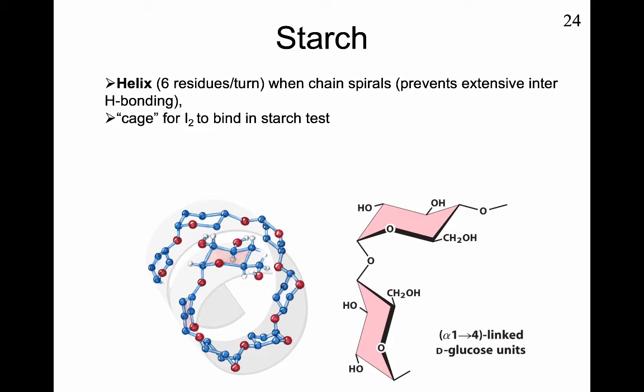What's interesting about the helix is that it actually forms a cage, and this cage is where iodine can bind. If any of you have ever done a starch test where you add iodine, and if there's any starch in a sample, it'll turn a blue-purplish color. That's what's happening: the iodine binds to the cage of the helix residues.